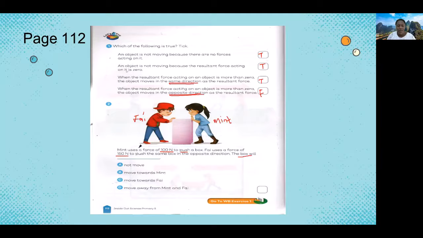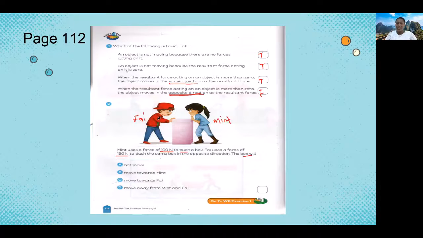Where do you think the box will move to? I think it will move towards Pay. Towards where? They are pushing, you know, push.